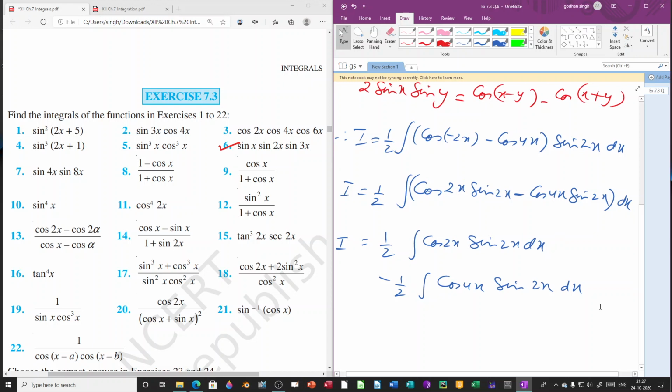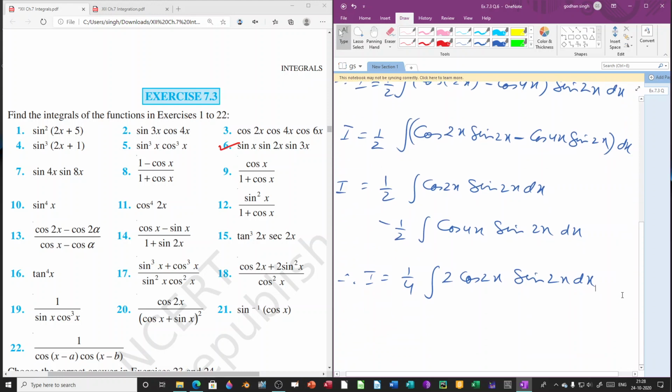Therefore I equal to 1 by 4 integration of 2 cos 2x into sin 2x dx, and in the same way in the second part, minus 1 by 4 integration of 2 cos 4x into sin 2x dx.